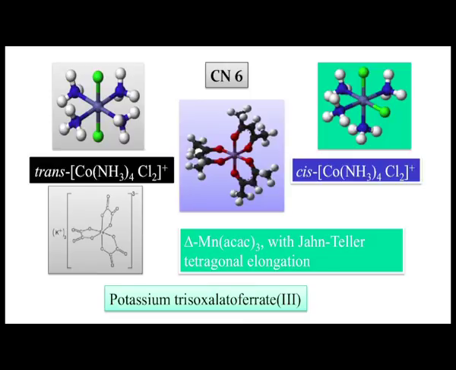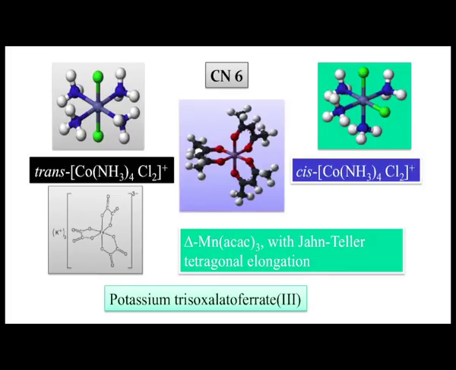So, the 3 dimensional structure will be like this, and this gives us some idea. When we draw on a piece of paper, it is very difficult to understand. If we consider this particular metal center and these 2 groups are in the plane of the paper, then these 2 groups will be above the plane of the paper and the other 2 will be below the plane of the paper.